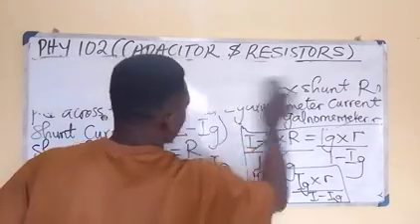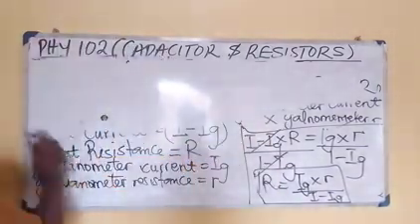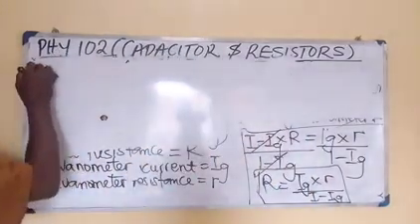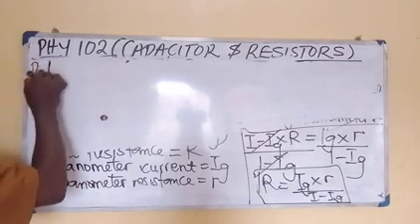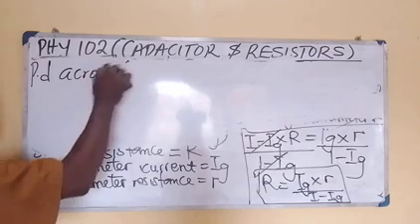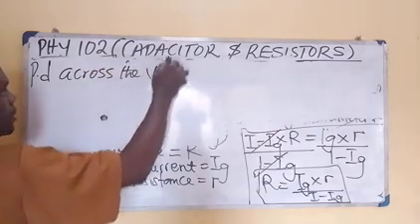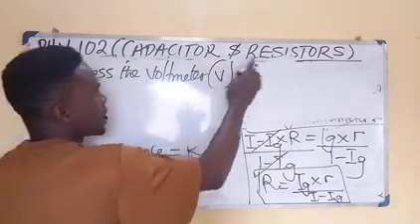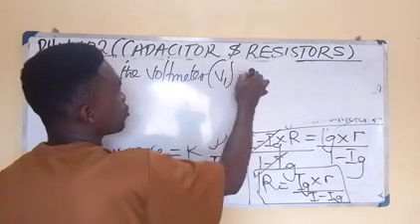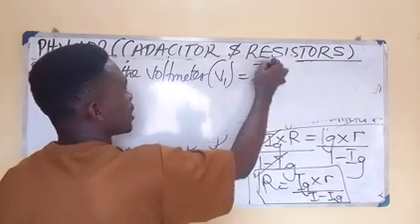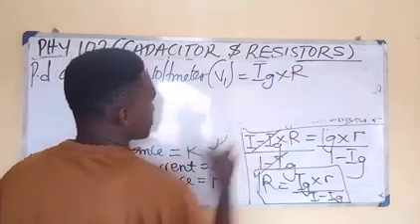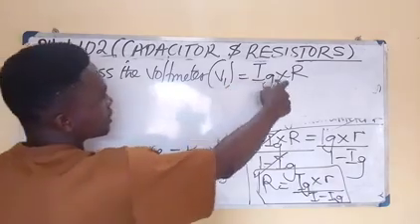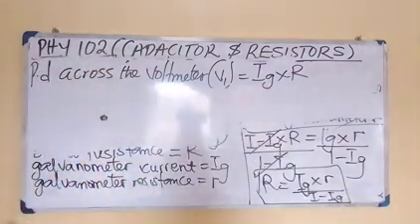What about the voltmeter? The potential difference across the voltmeter, we use big letter V. That is V1 equal to Ig times R, the current of the voltmeter times the resistance.